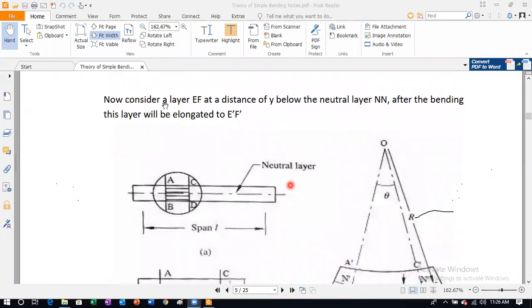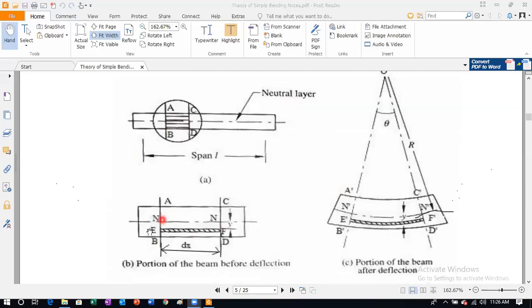Now we will consider a layer EF at a distance of y below the neutral layer NN. After the bending, this layer will be elongated to E dash F dash. This is the EF fiber, at y distance from the neutral axis. After bending it is at the same distance from the neutral axis, but because it is curved, EF will become E dash F dash.